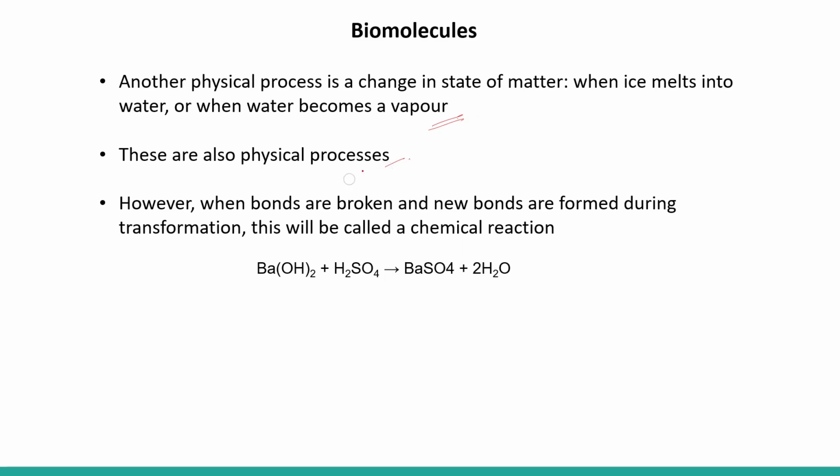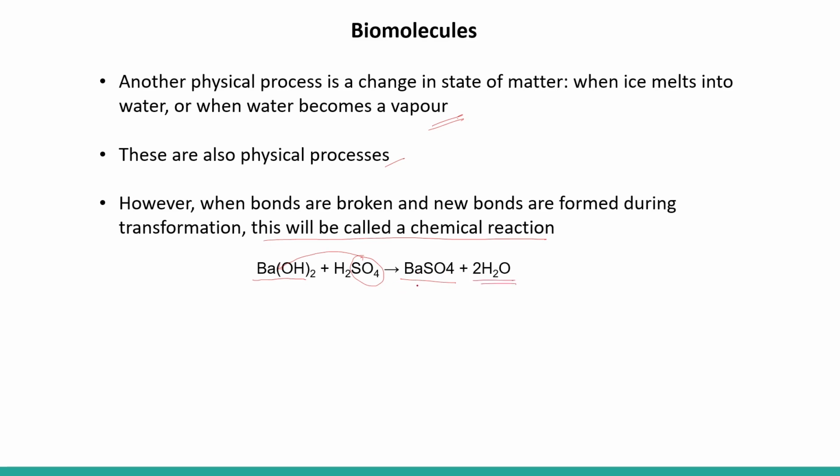However, when bonds are broken and new bonds are formed during the transformation, this is called a chemical reaction. So here barium hydroxide reacts with sulfuric acid, H2SO4. The sulfate gets attached to barium and forms barium sulfate, and water is formed.